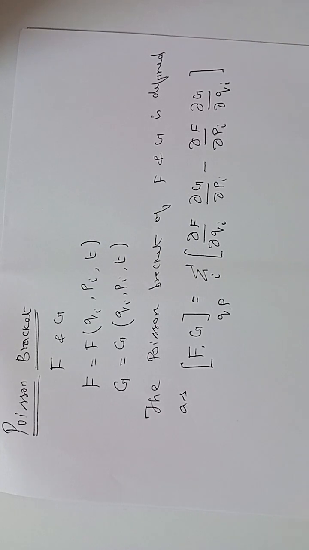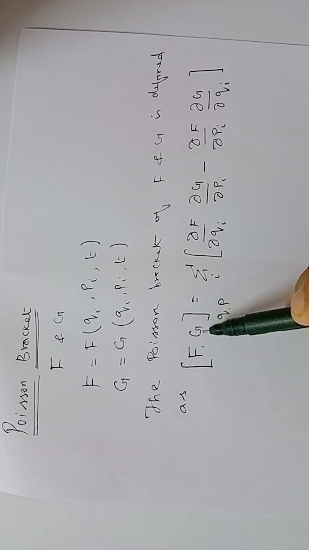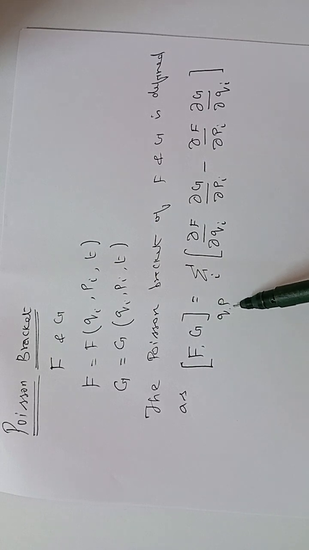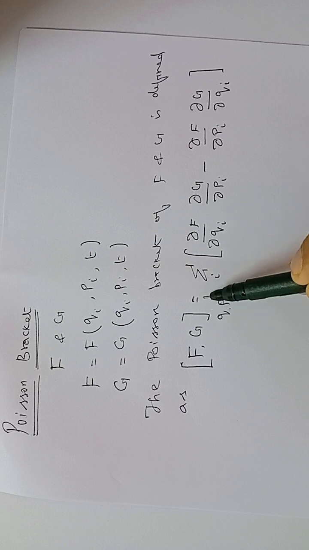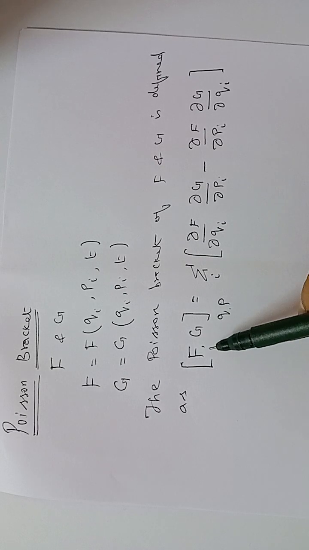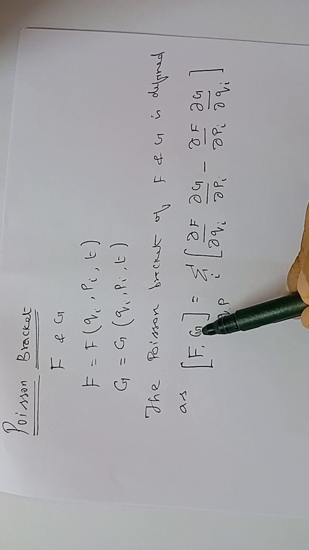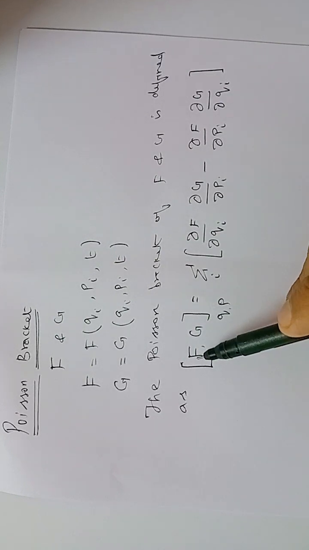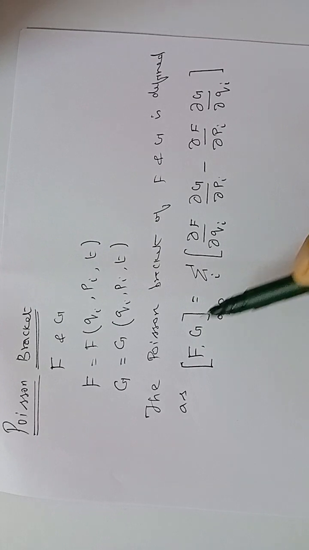So a Poisson bracket of f and g is written as bracket f comma g with suffix q comma p, that is, it depends upon q and p, and is equal to the summation over i. First you partially differentiate f with respect to q and g with respect to p, and then f with respect to p and g with respect to q.